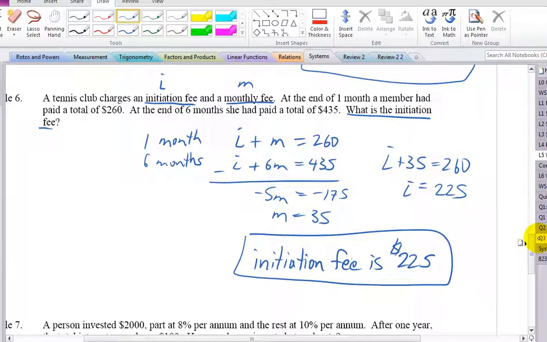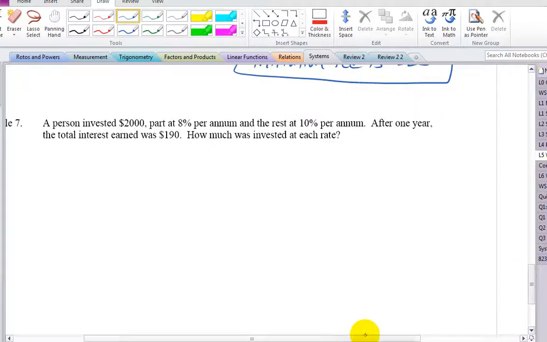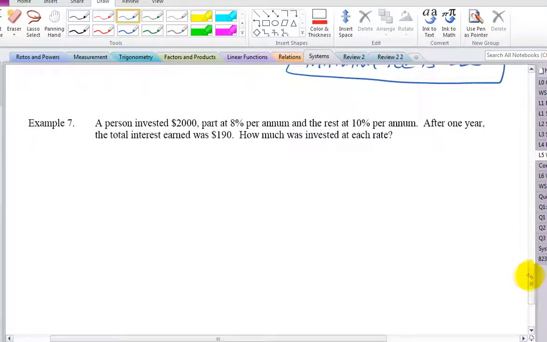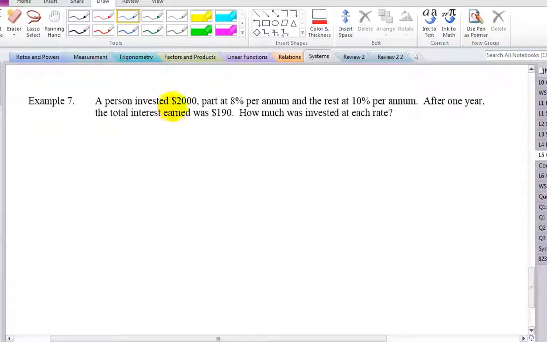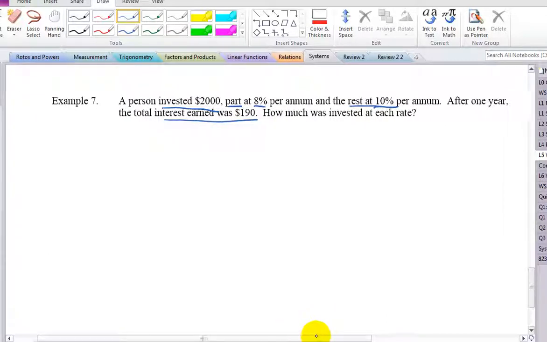Pretty good? Okay, before you guys get too weirded out, here we go, last question. Have a read, please. Underline some important stuff. Okay. Now this one, it's going to be a little harder for variables.